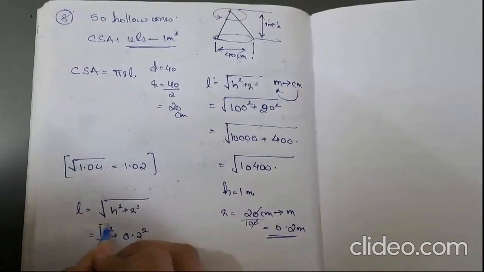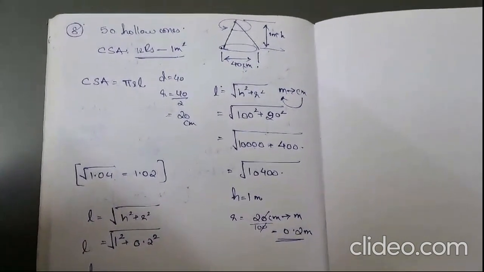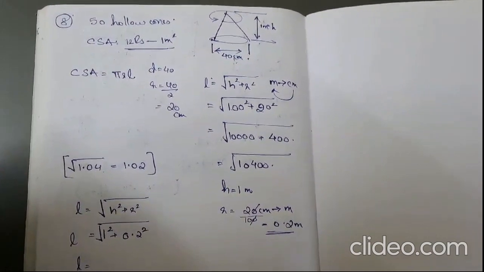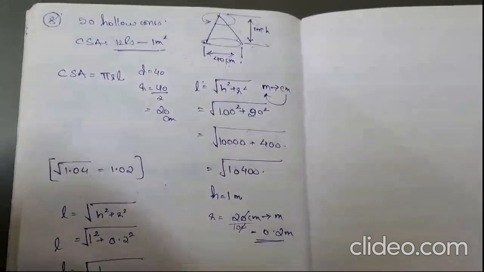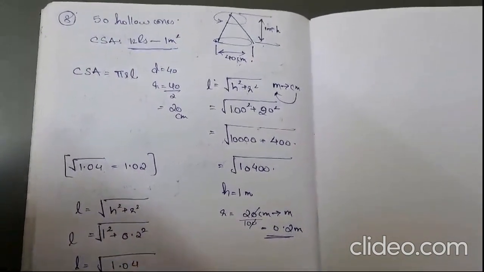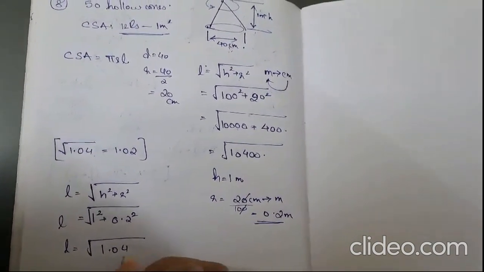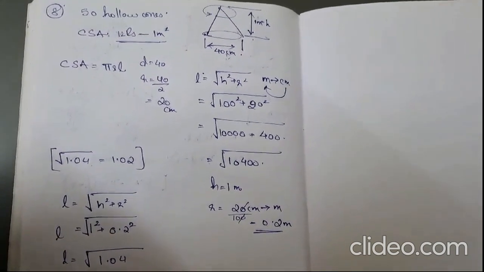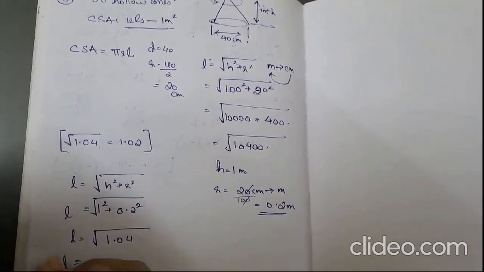How am I going to find my L? L is going to be root of, adding both of them together, 1.04. And root of 1.04 is given to me as 1.02 meters. So this is my L now.